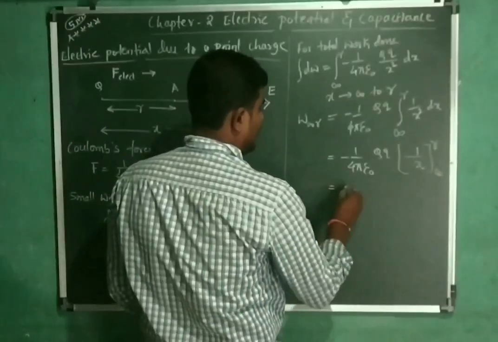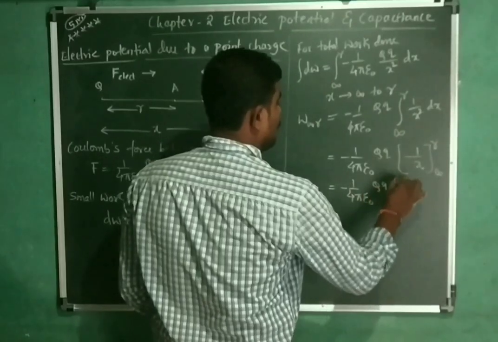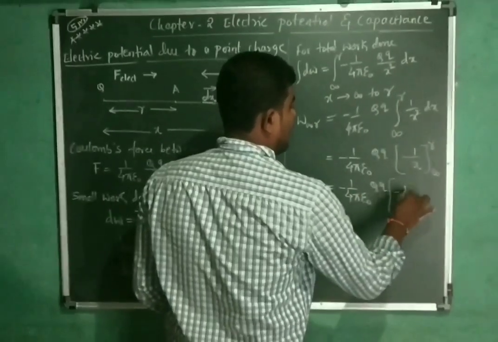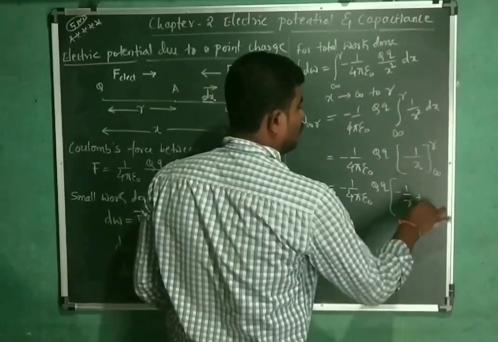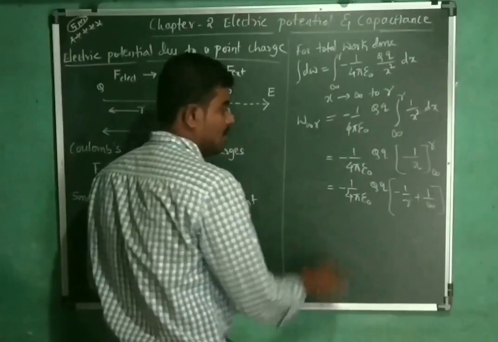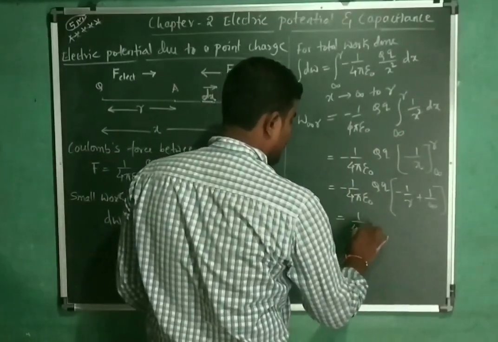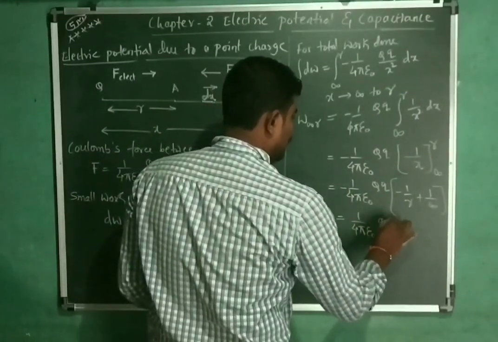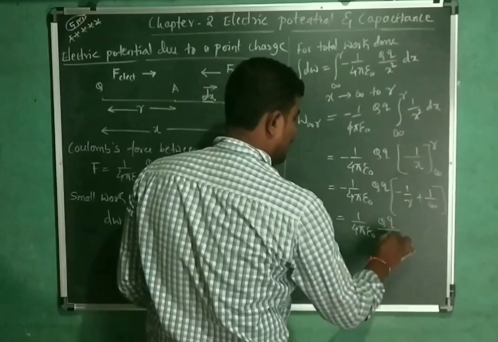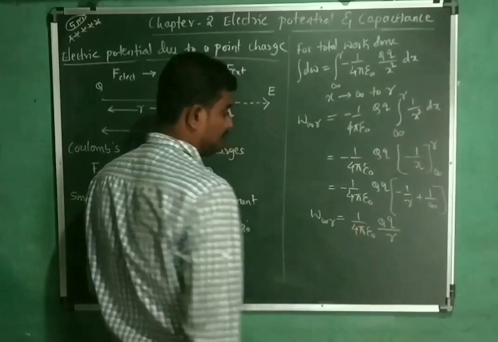So -1 divided by 4 pi epsilon naught q, first the upper limit -1 divided by r, and then the lower limit, which is infinity. 1 divided by infinity is 0, and minus into minus is plus. Therefore I can write it as 1 divided by 4 pi epsilon naught q divided by r. This is the work done from infinity to r.